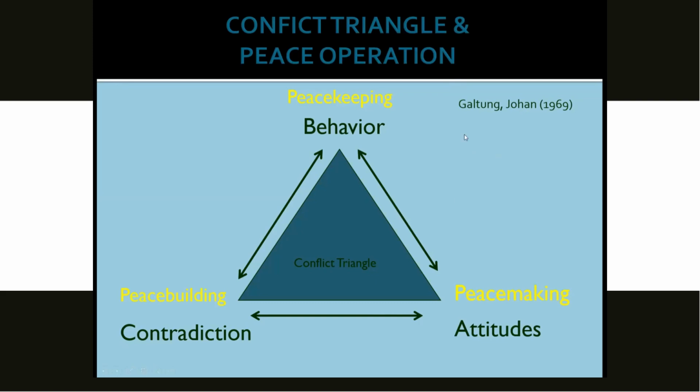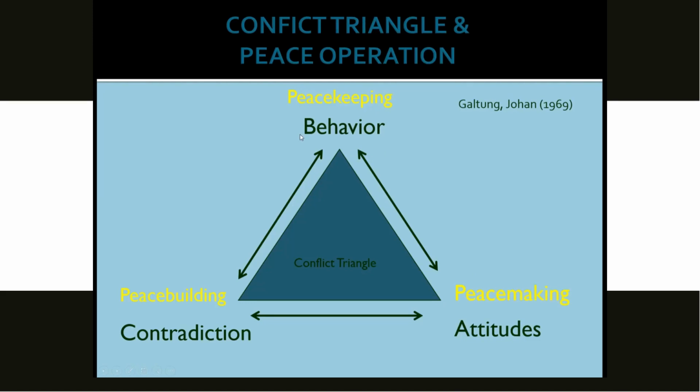And this is Galtung's conflict triangle. Whether conflict is big or small, we have three important elements to study: behavior, contradiction, and attitude. So if we want to stop conflict or de-escalate conflict, we need to work on these 3 points.